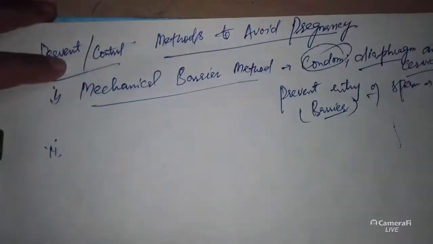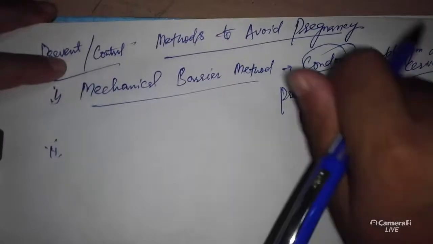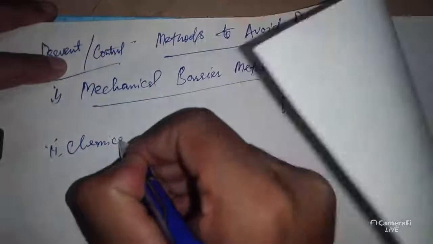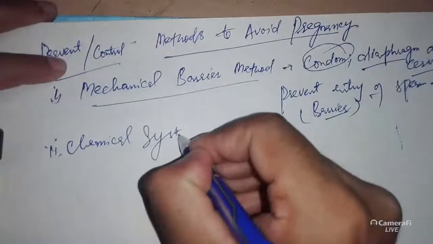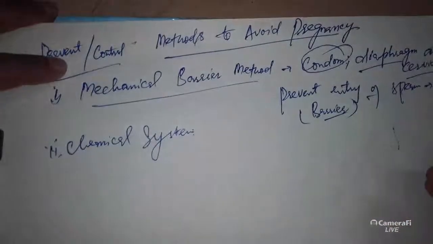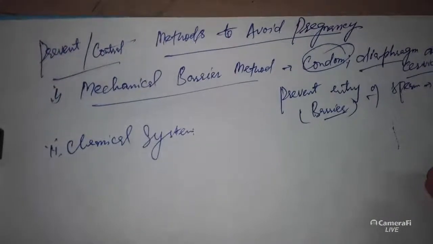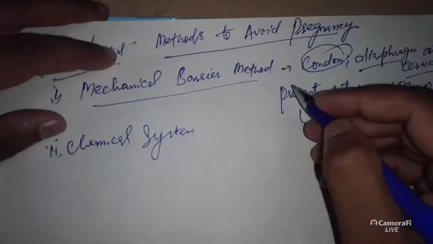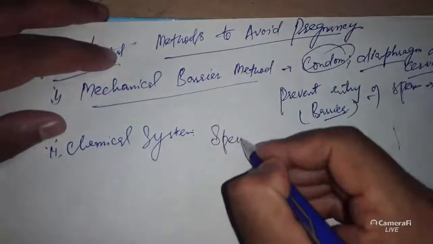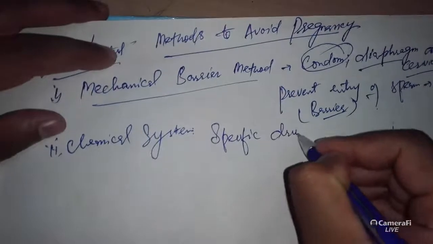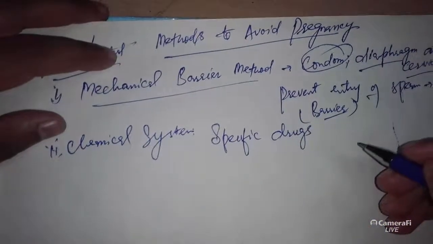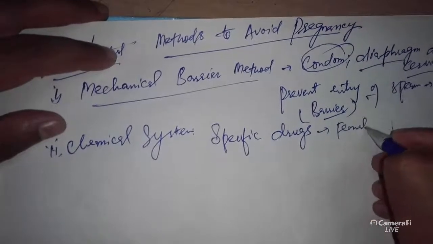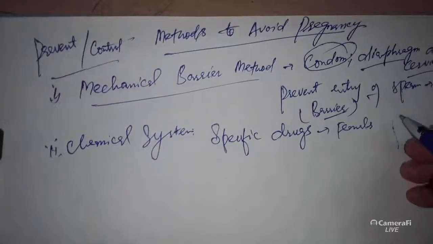Number two is the chemical method. In the chemical method, some specific drugs are used by females, which are of two types.